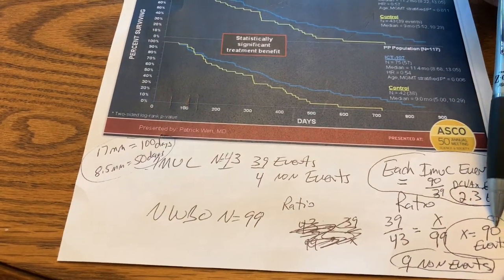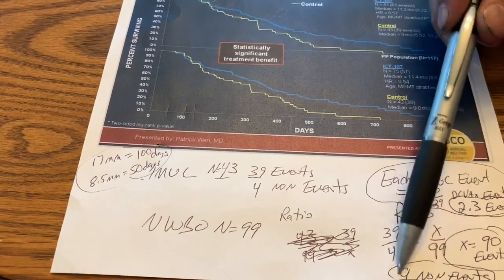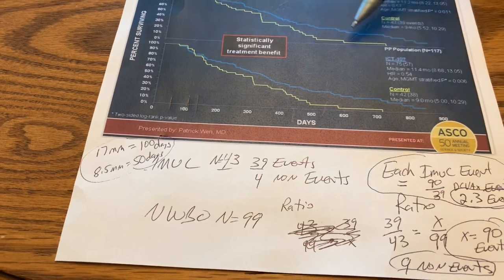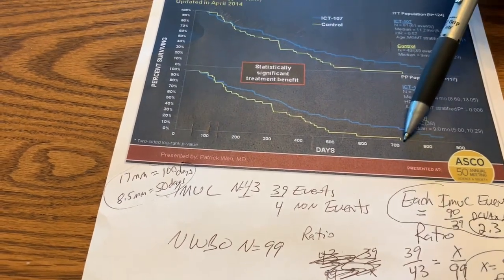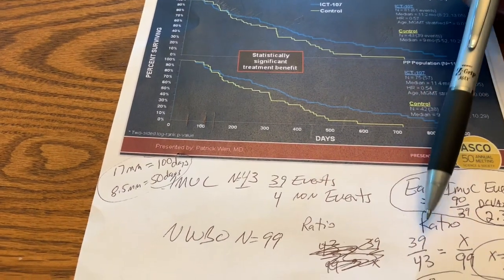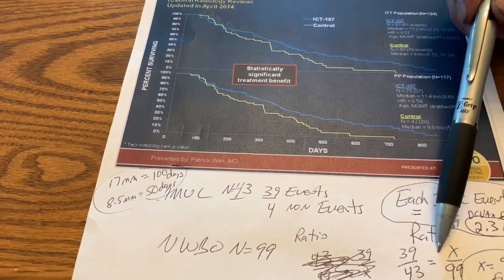So in the DCVax, there would be 9 who did not event or who continued to not event by this time period. Also note that with the IMUC, virtually everyone had evented by just over 700 days, so approximately 2 years.